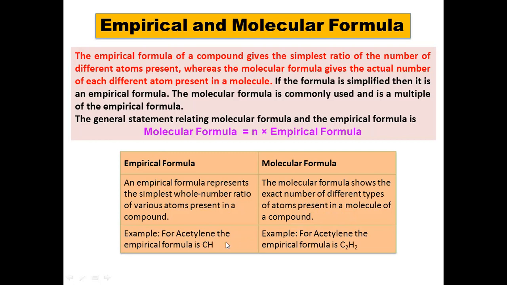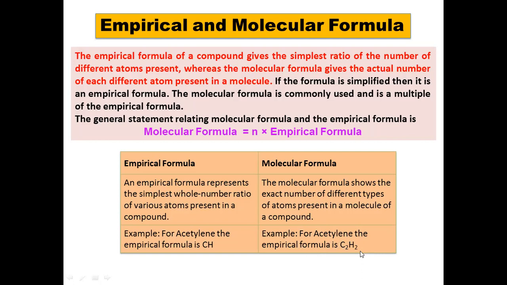For example, for acetylene, the empirical formula is CH. Two types of atoms are present in acetylene, carbon and hydrogen, so the empirical formula will be CH, whereas the molecular formula for acetylene is C2H2.